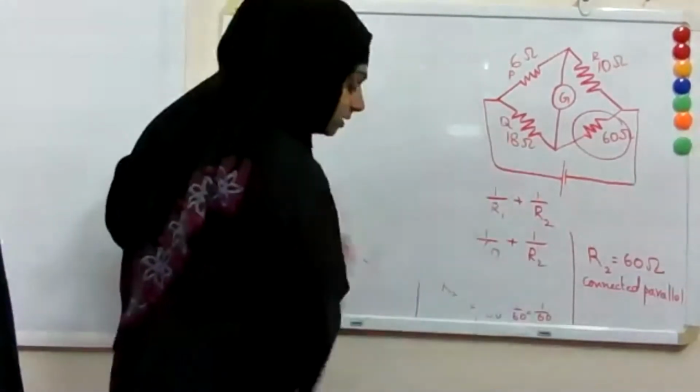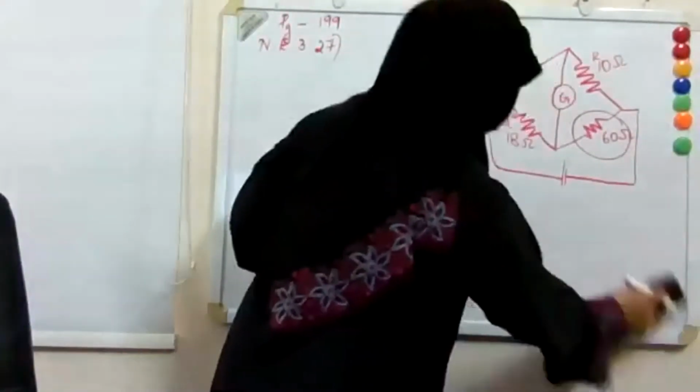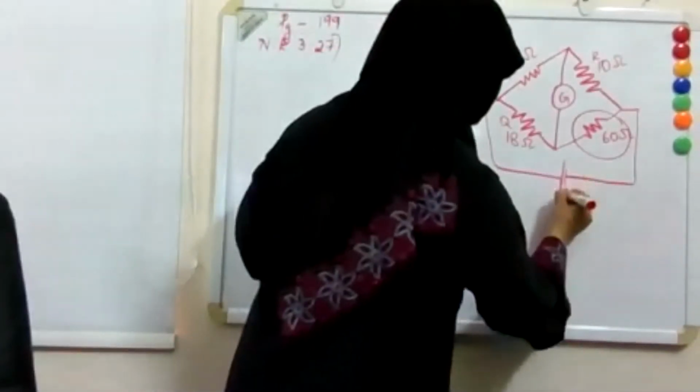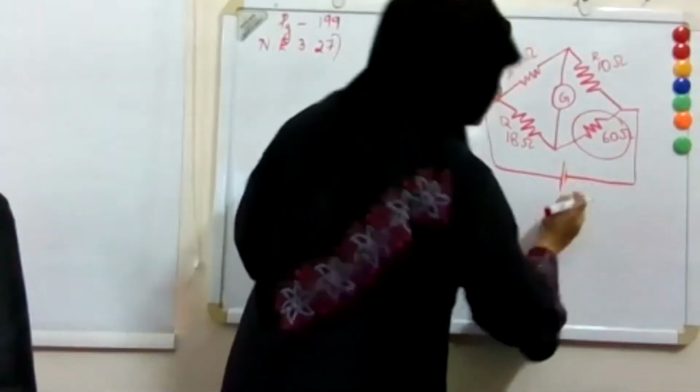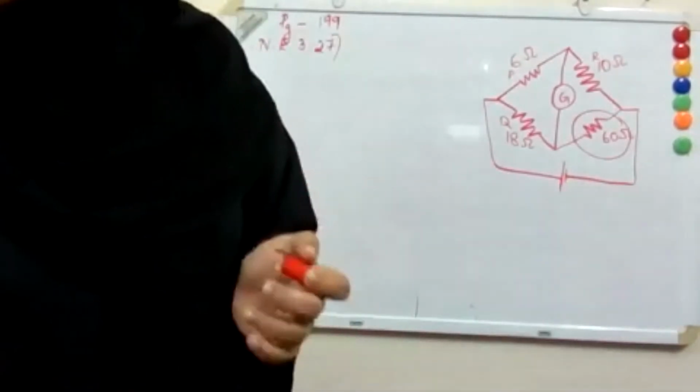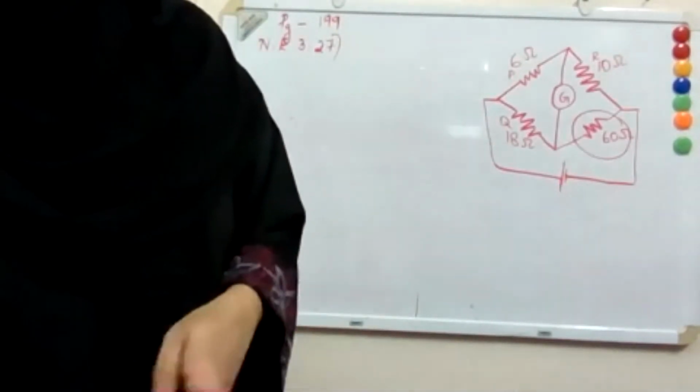Read the question. Teacher, that's a mistake, I guess. Same mistake. Is there a mistake in the 4 ohm? The second arm will be 18 ohm. They wrote 8 ohm.